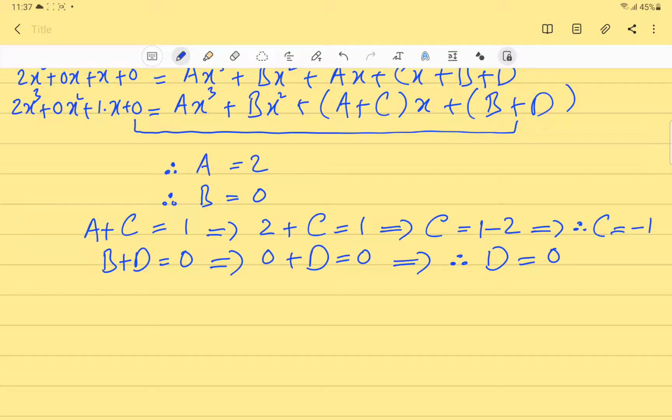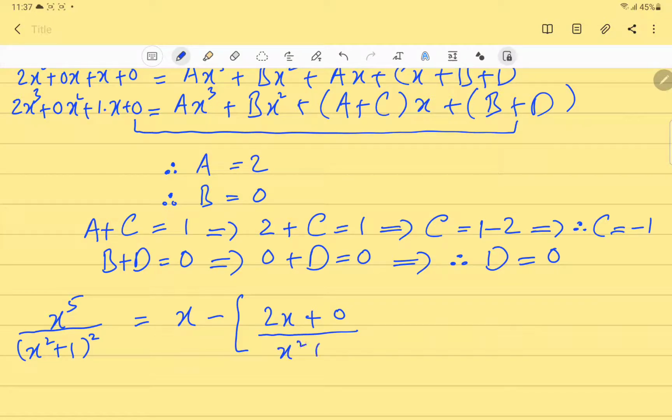Okay, now we have found all the values of a, b, c and d, so we can write our partial fractions. x^5 over (x squared plus 1) whole square is equal to, don't forget to write the term x which we have left in the beginning, x minus (2x plus 0) over (x squared plus 1) minus (x plus 0) over (x squared plus 1) whole squared.